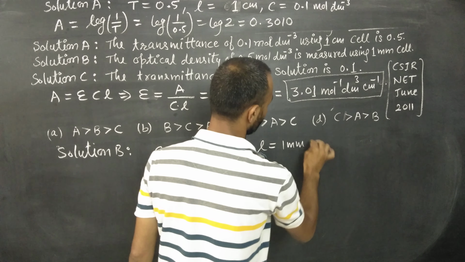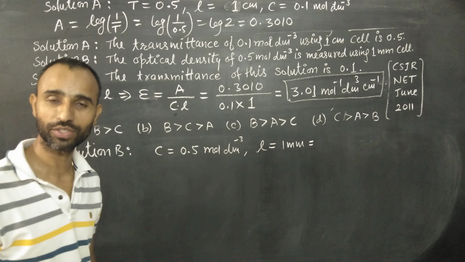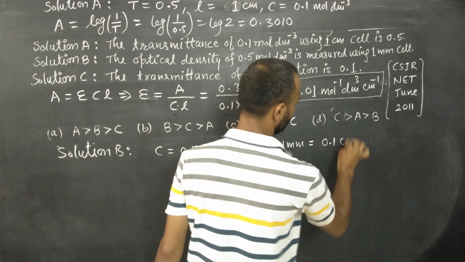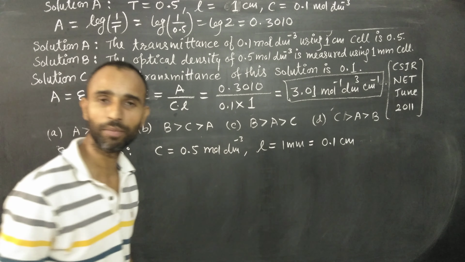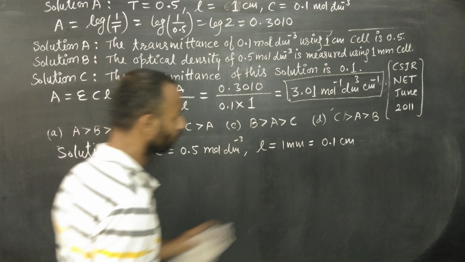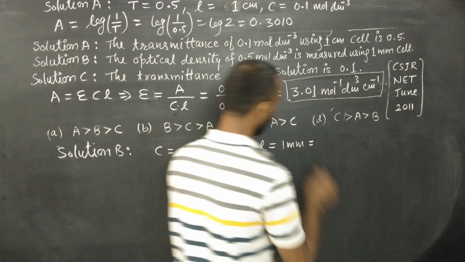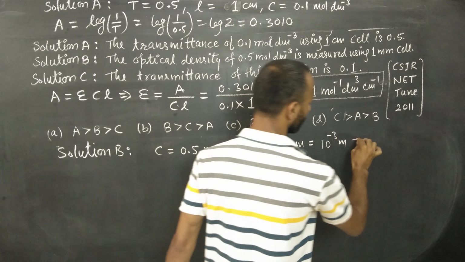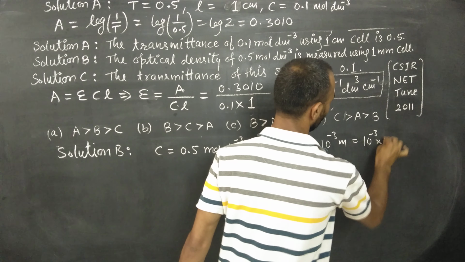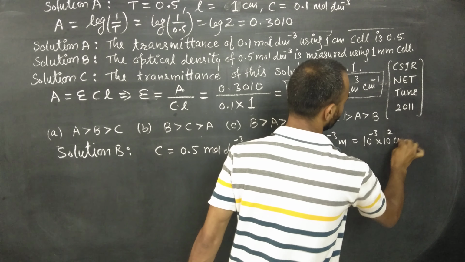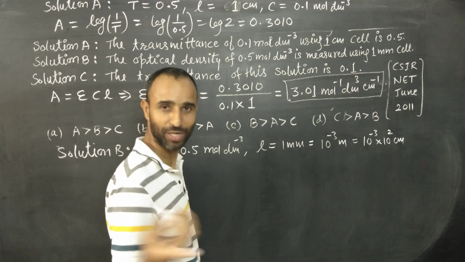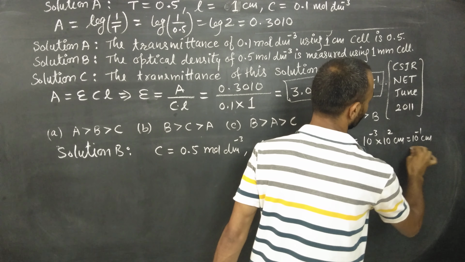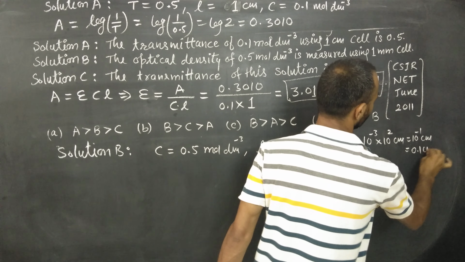So 1 mm is how many centimeters? 1 millimeter is 10 raised to minus 3 meter, and 1 meter is 100 centimeter, so 10 raised to minus 1 centimeter, because the length should be in centimeter.